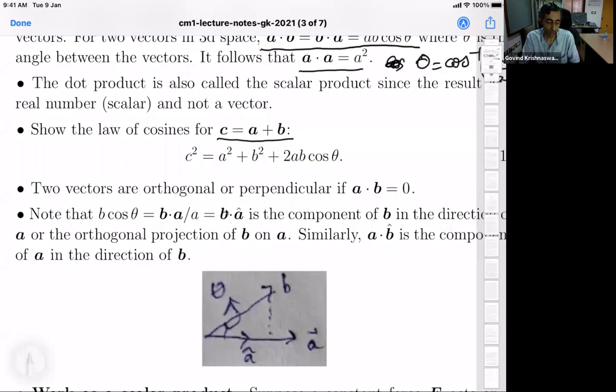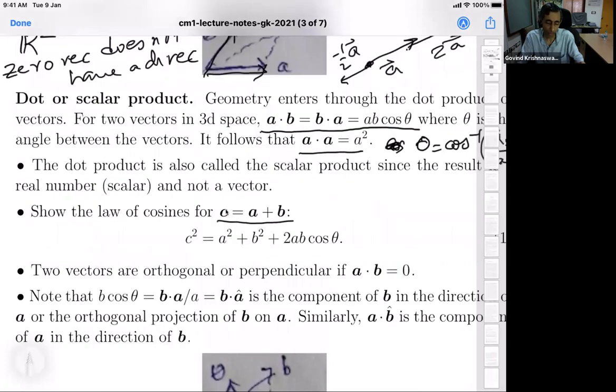So we will say that two vectors are orthogonal or perpendicular if the dot product is 0. That is reasonable because we previously defined the dot product as AB cosine theta. So if theta is 90 degrees, the cosine of 90 is 0 and the dot product vanishes, right? So that's a reasonable definition.